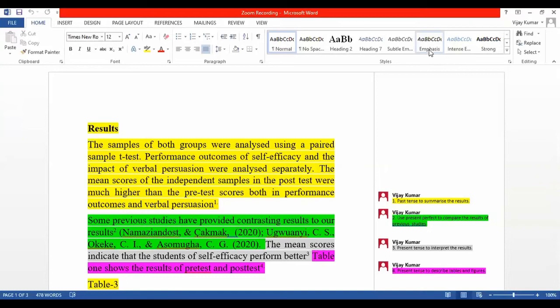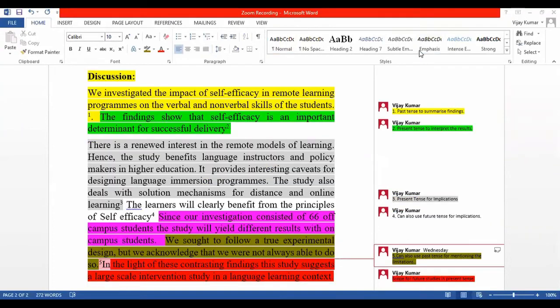Remember, but to interpret it, you will use present tense. And present tense is also used to describe the tables and figures. Like I said earlier, table 1 shows the results of the pre and post test. So whenever you mention tables and figures, those sentences should invariably be in the present tense.